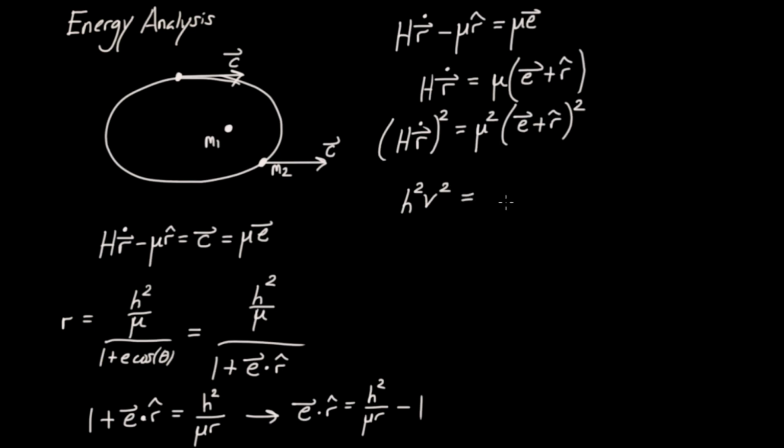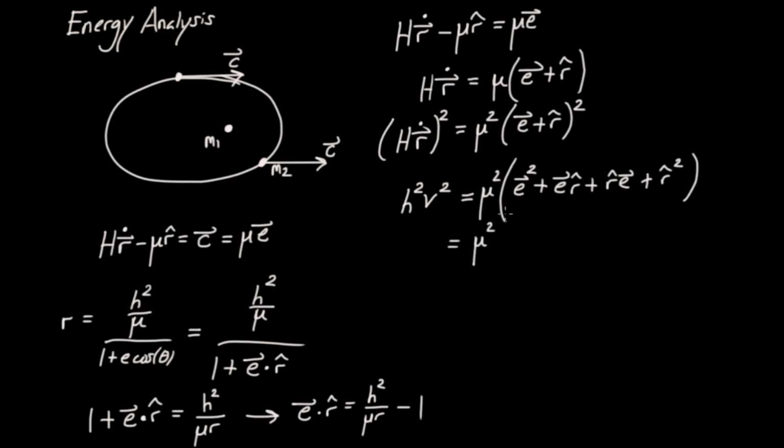And now for the right hand side, we're going to have to be a little bit careful. We're going to have to actually expand this stuff out. So I have mu squared. The first term when I square this is going to be e squared. The next one is going to be e times r hat. The next is going to be r hat times e. And the last one is going to be r hat squared.